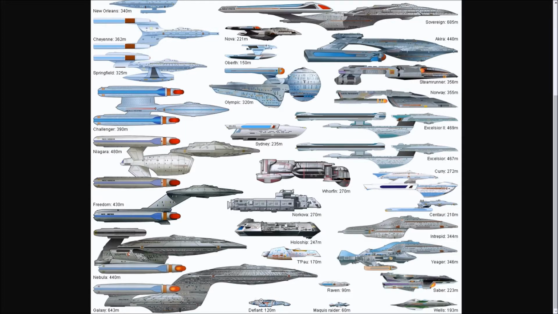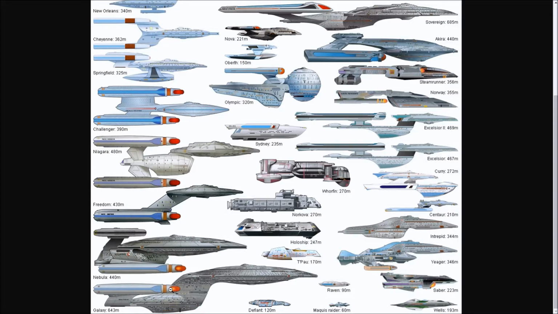So I have to say that the Defiant class is definitely above the Galaxy class in combat ability, because the Galaxy class is a semi-civilian starship. It's got all the Starfleet stuff, but it also has all these civilians, which doesn't make it less powerful.